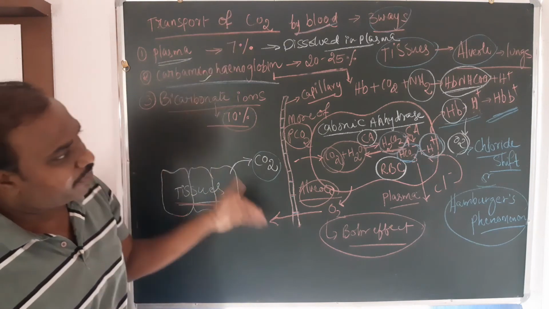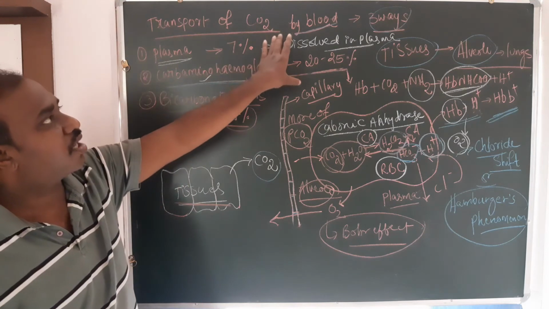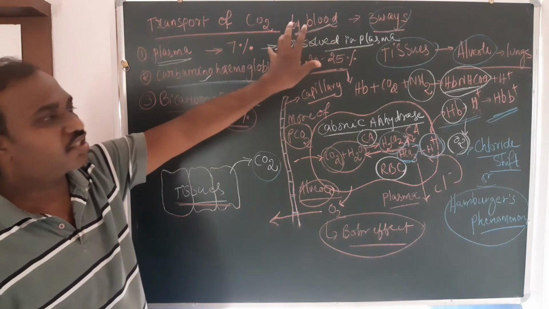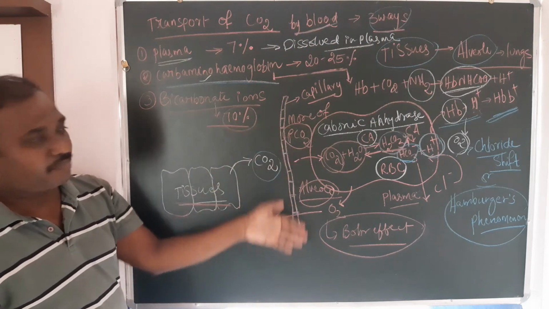So to sum it up one more time, we are seeing the transportation of carbon dioxide by the blood. Blood is the medium of transport, just like for oxygen. By three ways the blood can transport carbon dioxide.